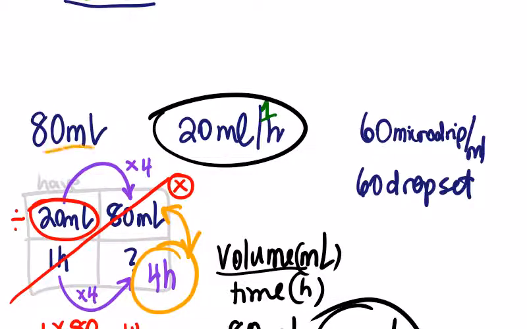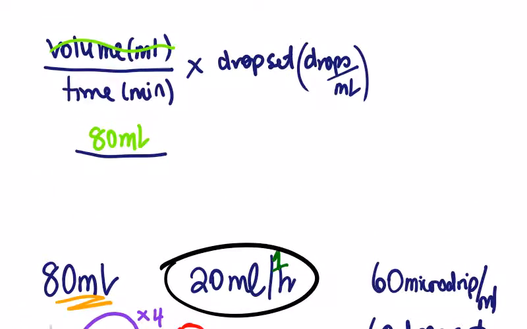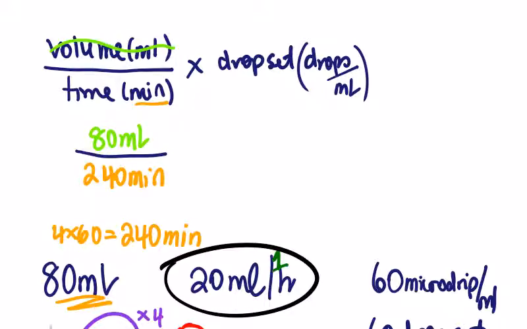If we are using the full volume, we need to use the 4 hours, but we want this in minutes. So 4 hours into minutes, we'll change that by multiplying 4 by 60. 4 6s are 24, so 240 minutes. So remove those 4 hours and write 240 minutes.